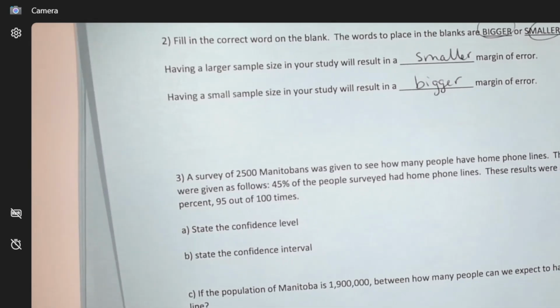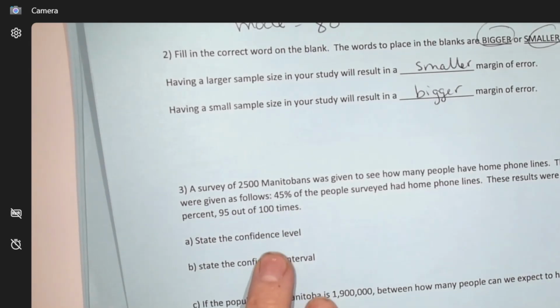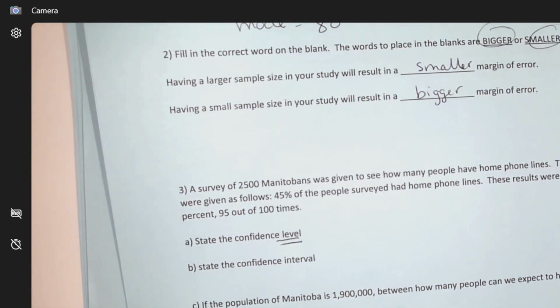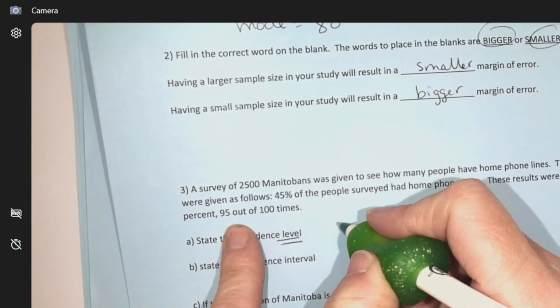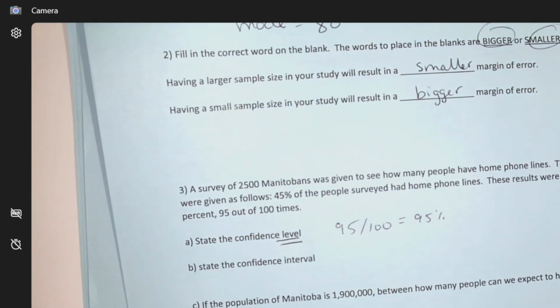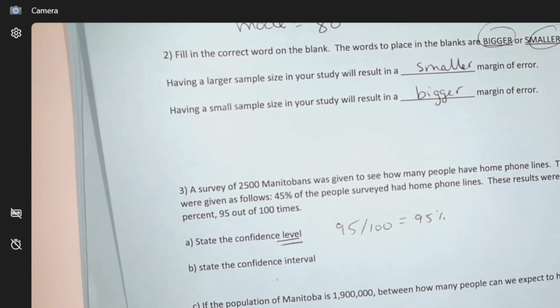Okay, confidence stuff. So here's a survey that was given. What's our confidence level? How confident are we in this study? We are 95 out of 100 times confident. So we had a result that said there's 45% of people, but that was within 3% points.